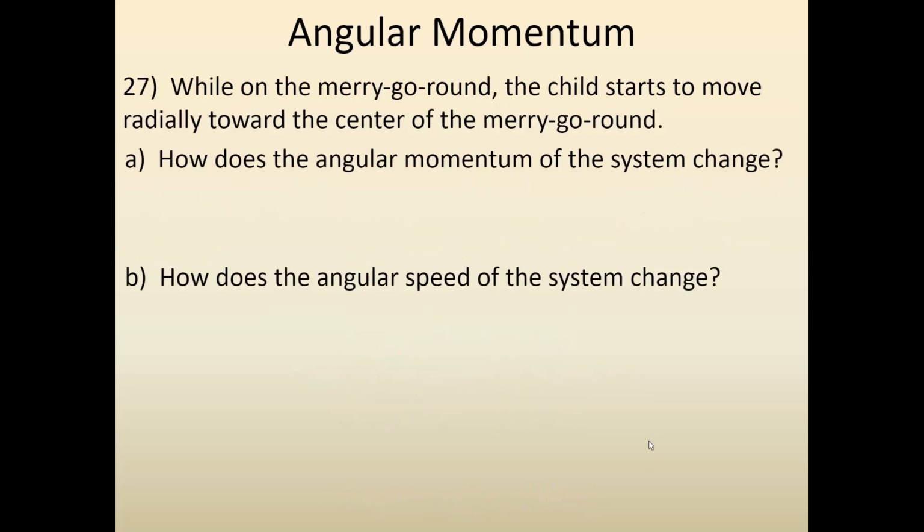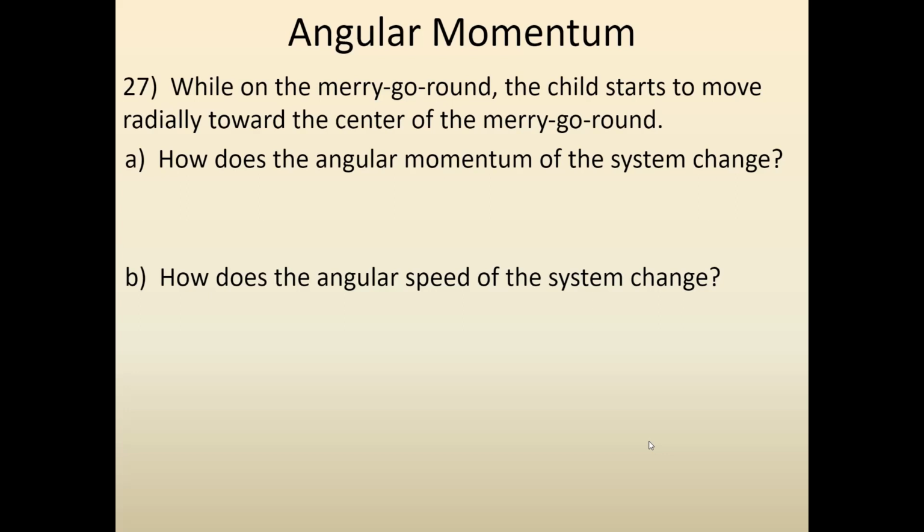All right. Here's the next question. Pause the video, work it yourself, and we'll go over it in a second. All right. So this is sort of a continuation of the problem. We have the child that's already on the merry-go-round, and then they end up moving towards the center of the merry-go-round. Now the question is, how does the angular momentum of the system change?